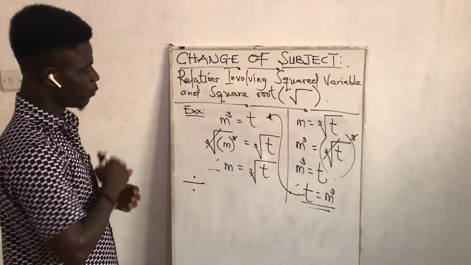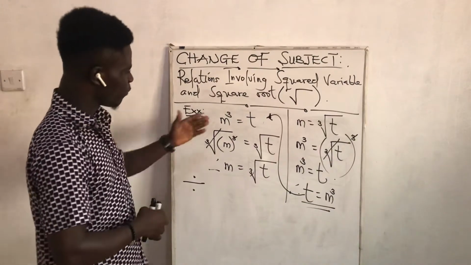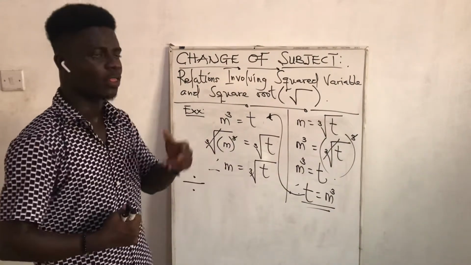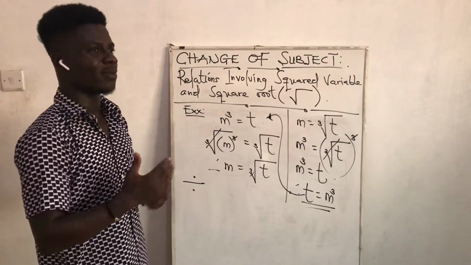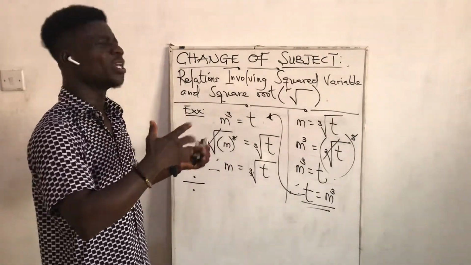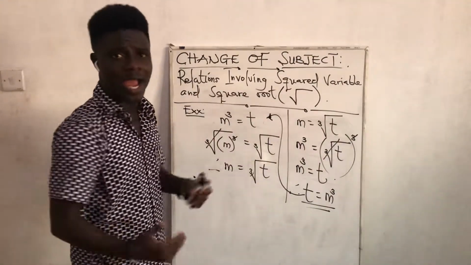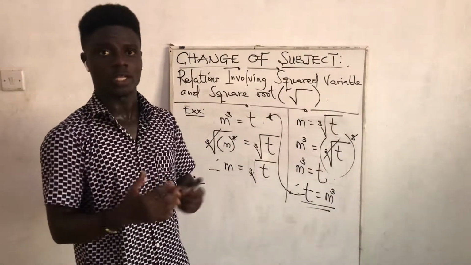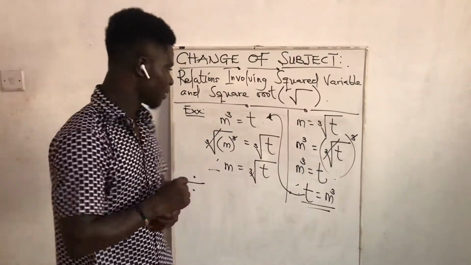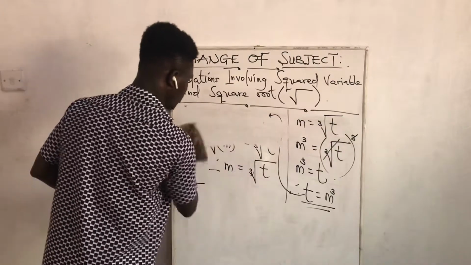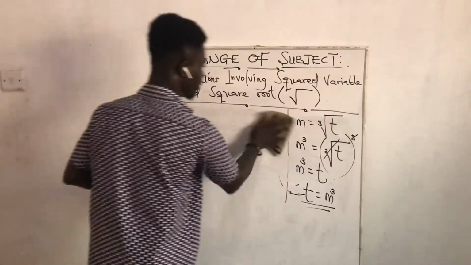If you get fourth root, you know how you go about it, and when you get fifth root, you know how you go about it. Most of the times, it's only the square root. All right. So let's start with an example.